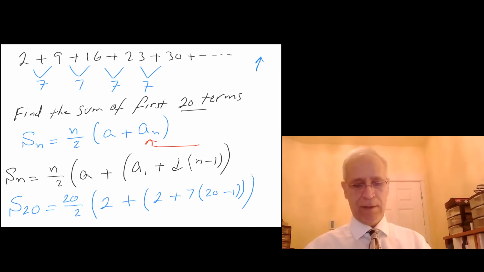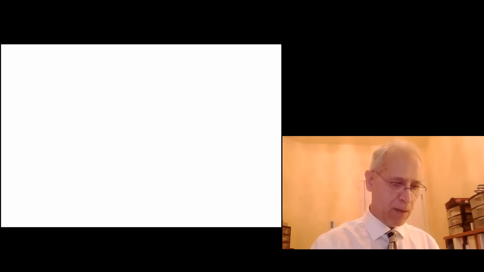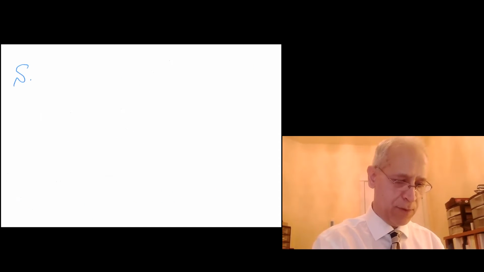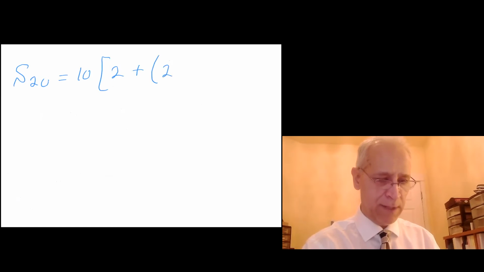So I'm running out of room. Let me go to the next page. S sub 20 equals 20 divided by 2, which gives me 10, times (2 plus 19 times 7). 19 times 7 is 133.